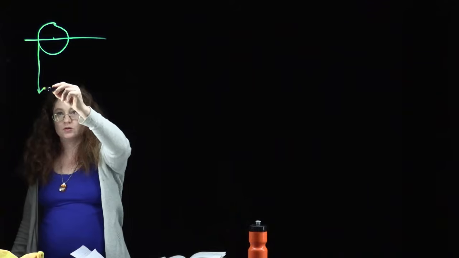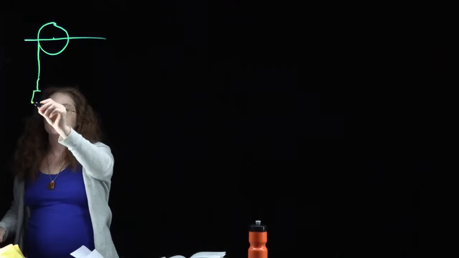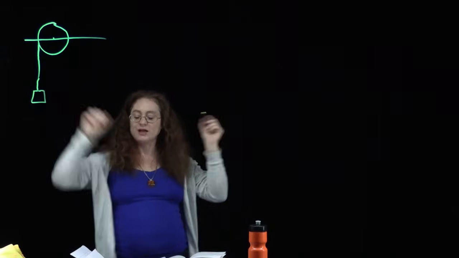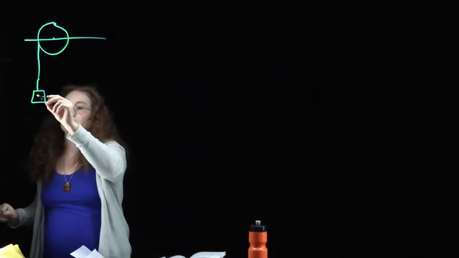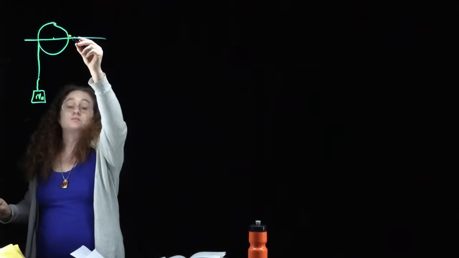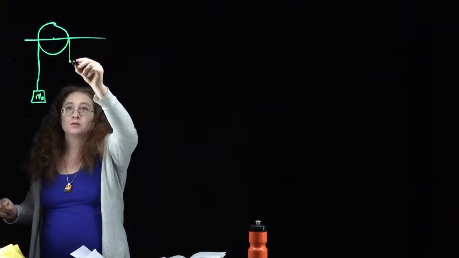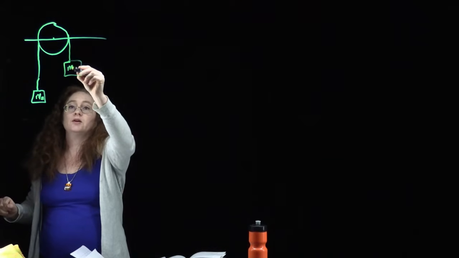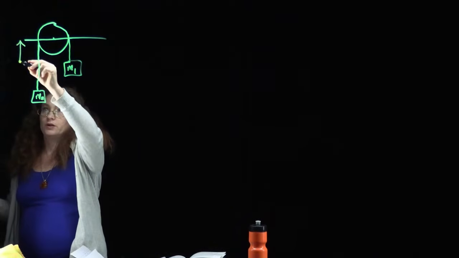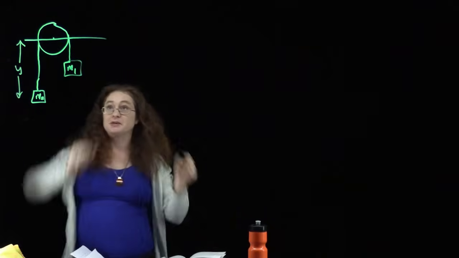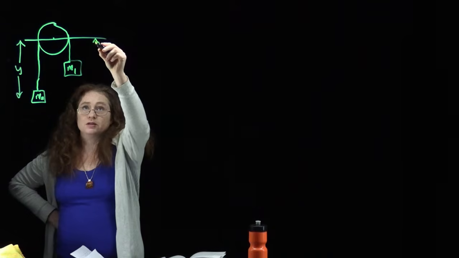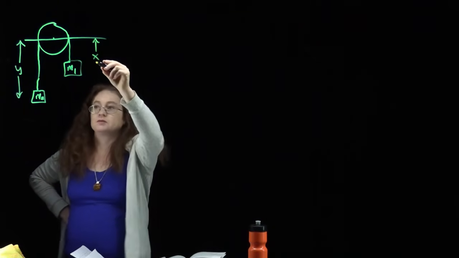We've got 2 masses connected by a string over a pulley, and here we've got mass M1 and M2. This distance we will call Y. We are going to put the 0 for potential energy right here. This distance we are going to call X.